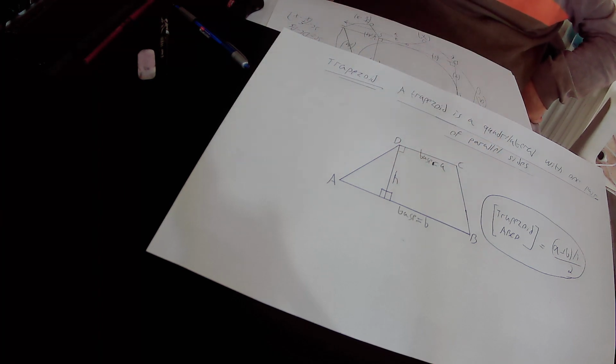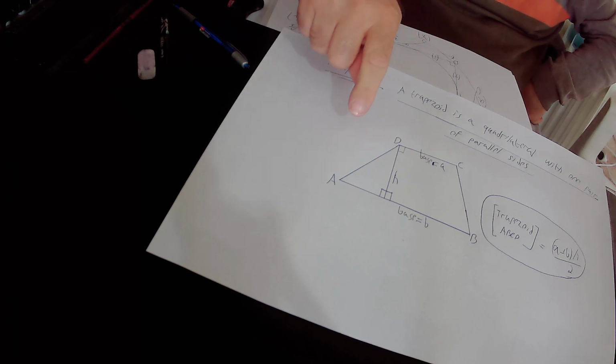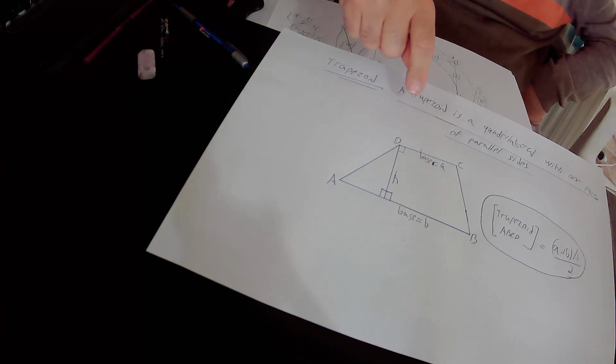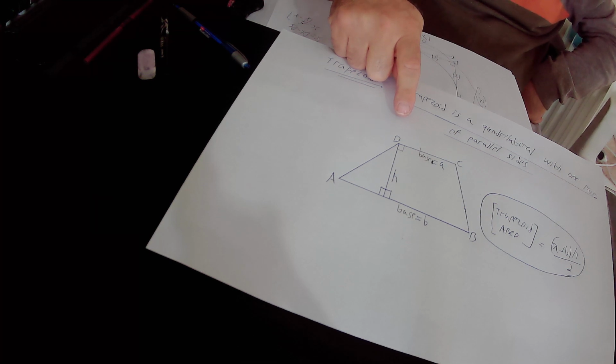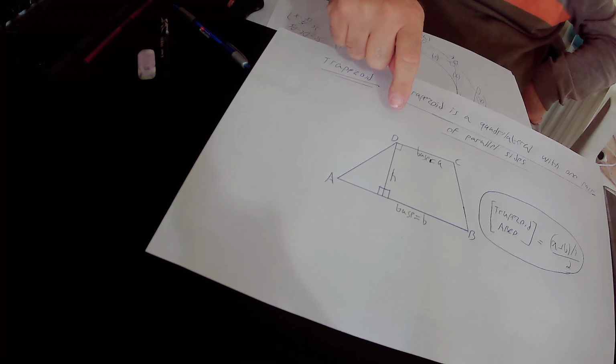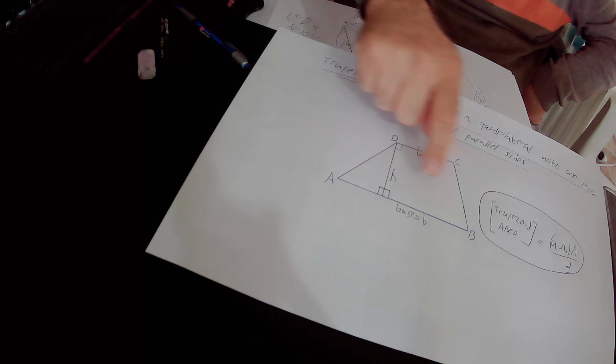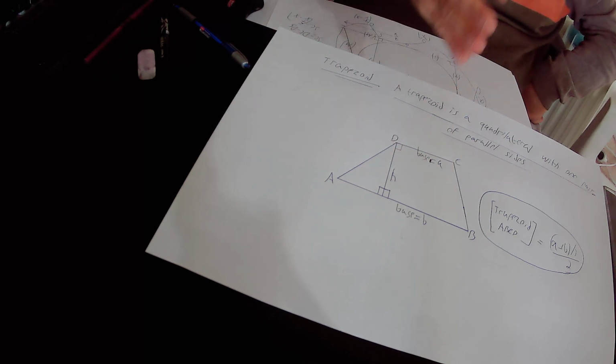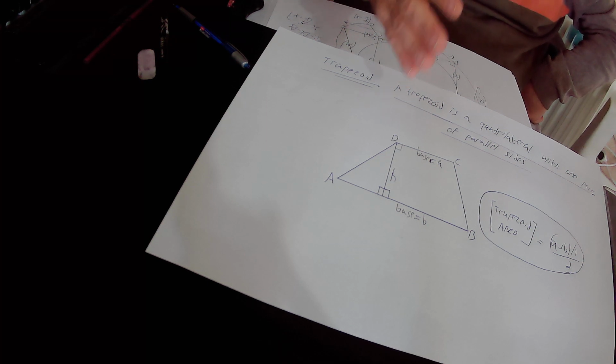Because in this quadrilateral ABCD we have one pair of parallel sides, that is to say side DC is parallel to the opposite side AB, this quadrilateral is defined as a trapezoid.